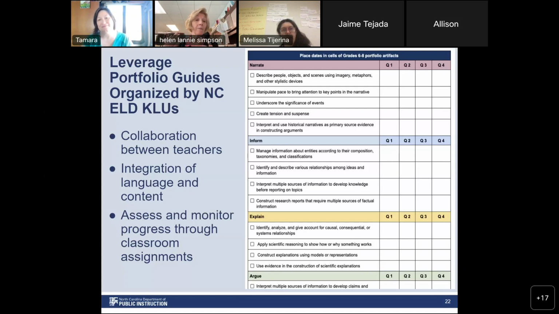We also took our ELD curricula and analyzed it for the appearance of the four key language uses and pulled out or created assessment pieces that would tie in with the four key language uses. Because WIDA tells us always look toward that summative assessment piece to help give you a clue of what that overarching key language use is.